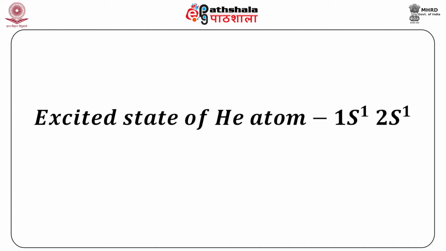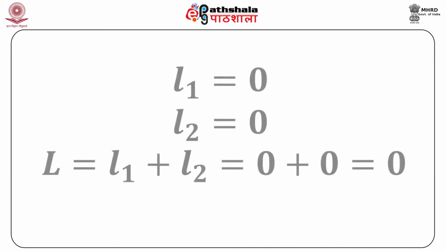When it is excited, this is not an allowed transition, but you can excite it to this level somehow, and you get an electron configuration which is 1s1, 2s1. Since both the electrons are in the s orbital, you have l1 is equal to 0 and l2 is equal to 0. So, L can take on only one value, 0 plus 0, which is 0.